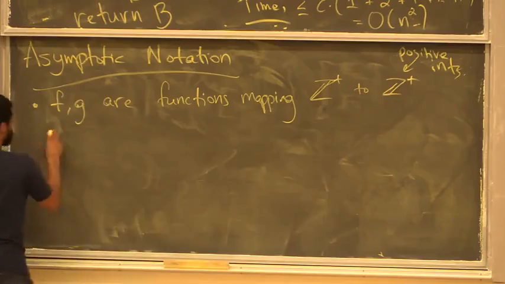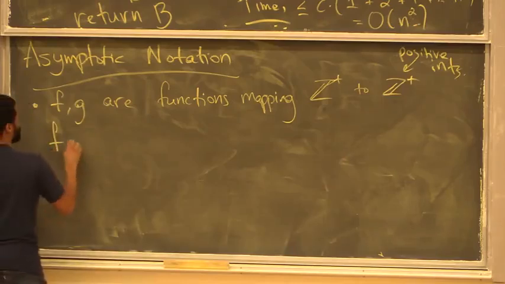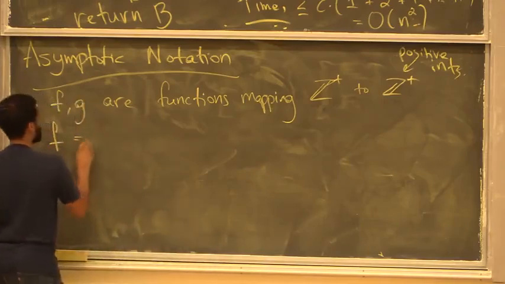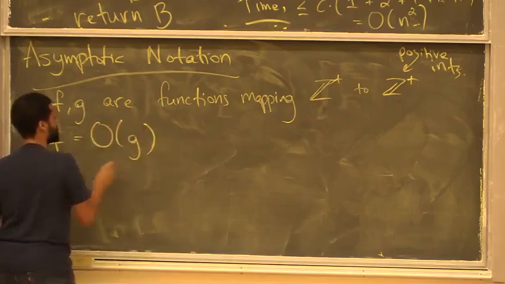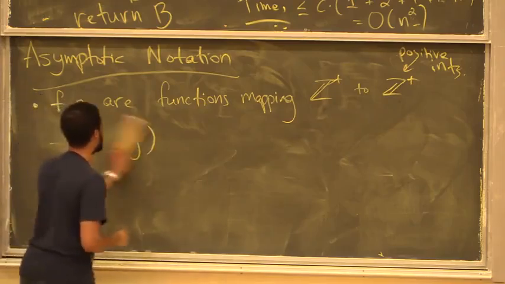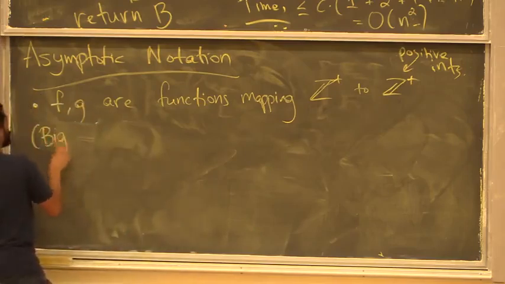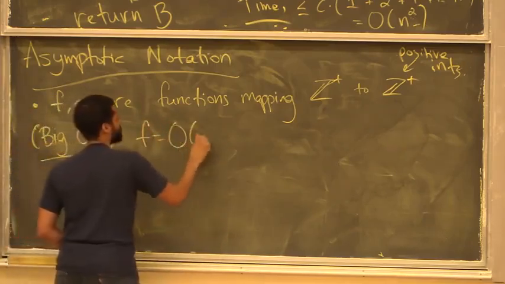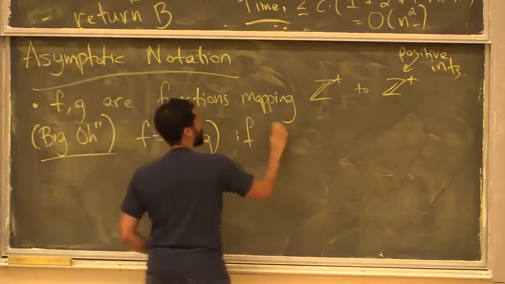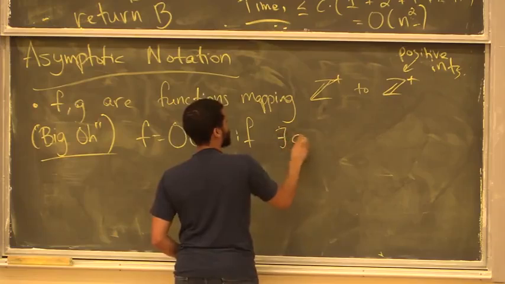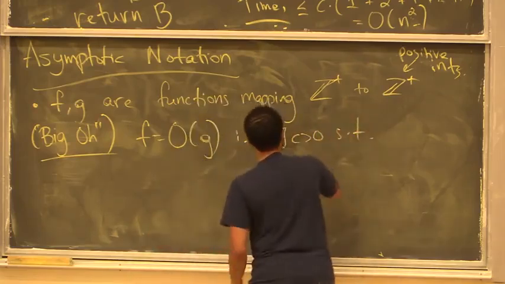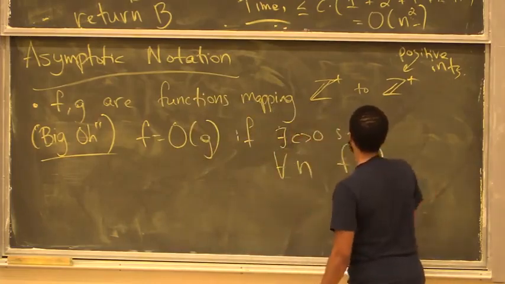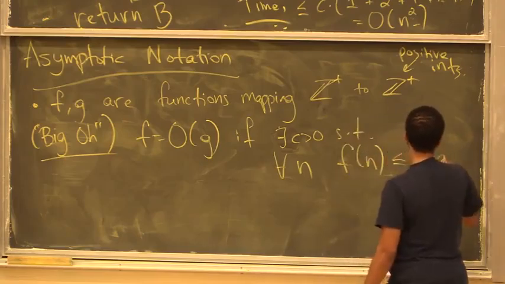So let's say f equals big O of g. This is pronounced big O. F is big O of g if there exists a constant c such that for all n, f of n is at most some constant times g of n.